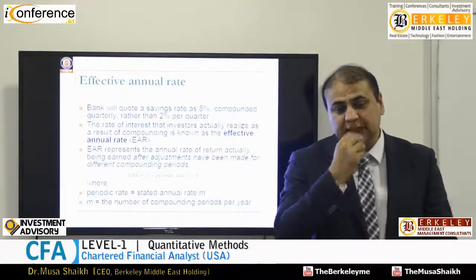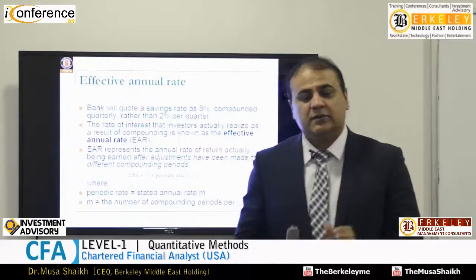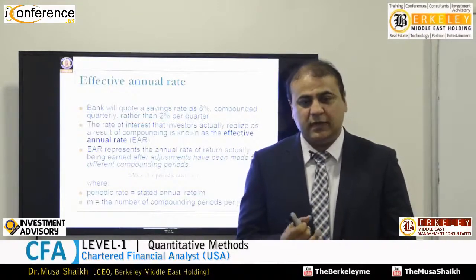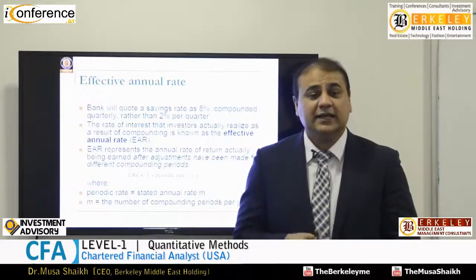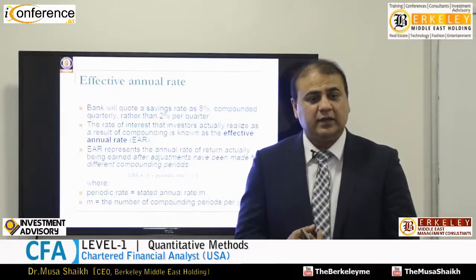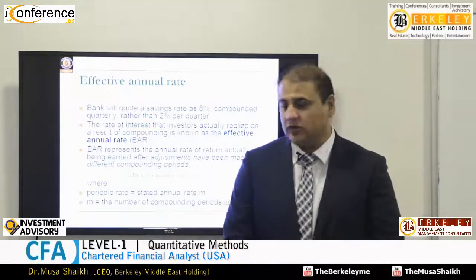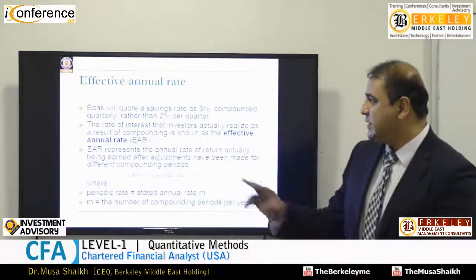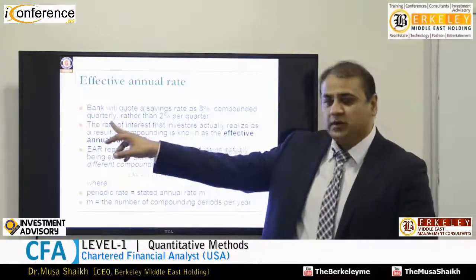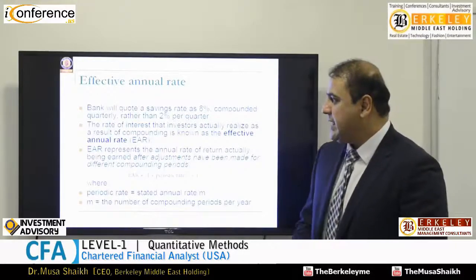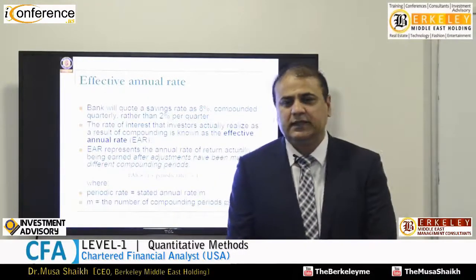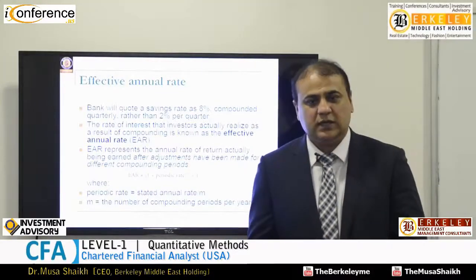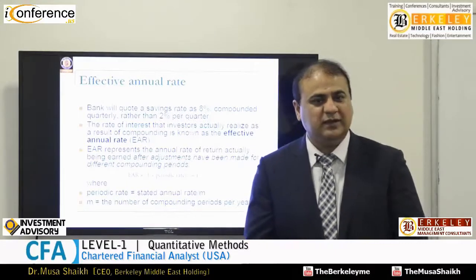So we have to see the concept of compounding. Compounding is the way we will charge the interest. It can be monthly, quarterly, bi-yearly, or yearly. These are 4 options that we can have. A bank will quote a saving rate as 8% compounding quarterly, or the bank can tell you the rate is 3%, and it is your call to understand whether this is quarterly, monthly, bi-yearly or yearly.